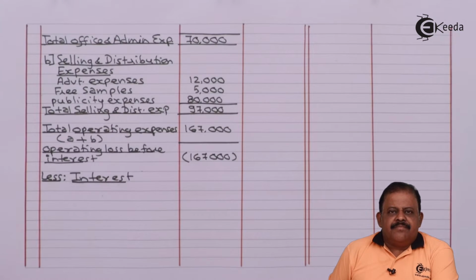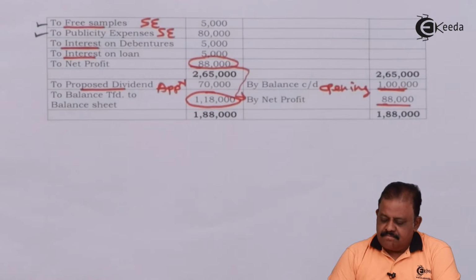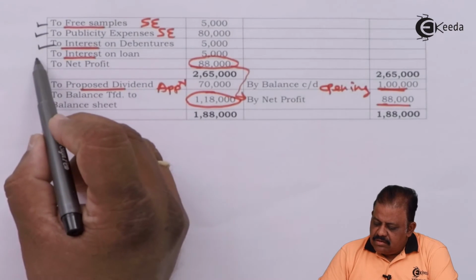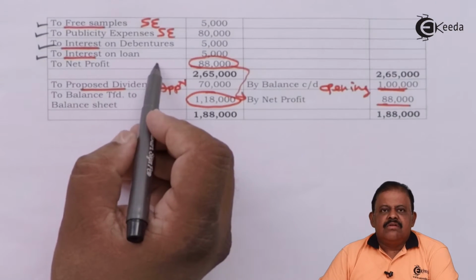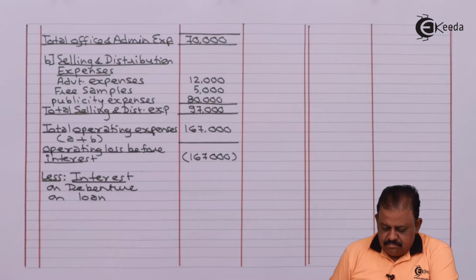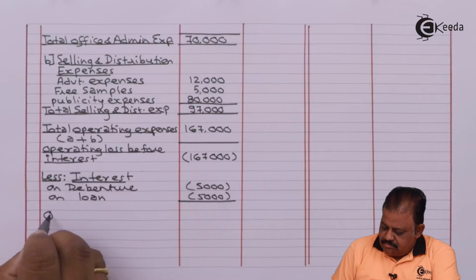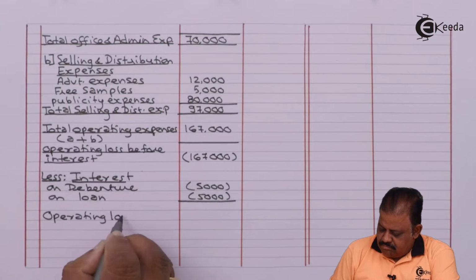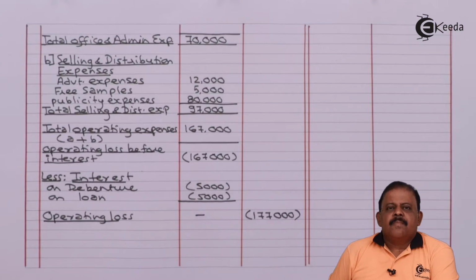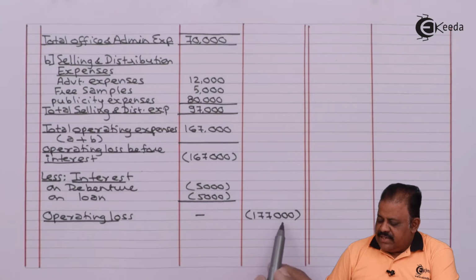Less interest paid. We are required to consider interest paid, interest on debenture, interest on loan. Total operating loss 1,77,000.